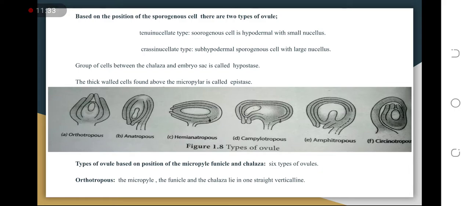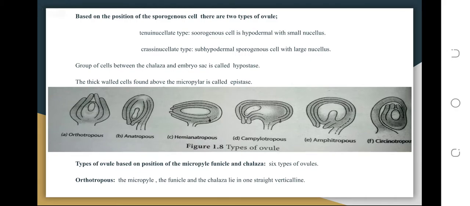Based on the position of the sporogenous cell, there are two types of ovule. Tenuinucellate type: the sporogenous cell is hypodermal, with a small nucellus.